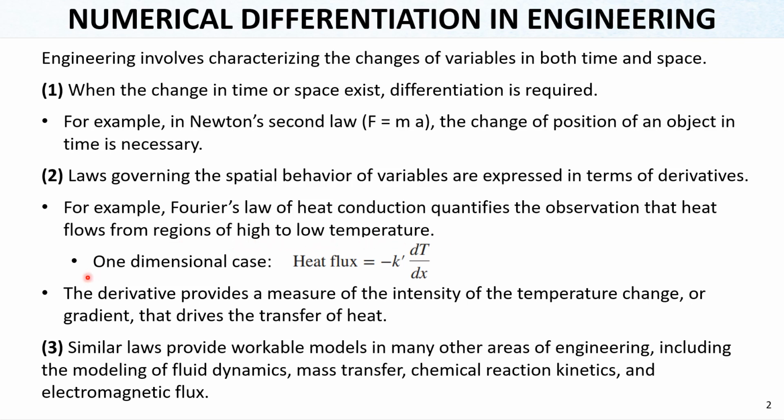So for instance, for the one-dimensional case, we have a function T, the temperature, in terms of x. x is the spatial location, actually the position on the structure, let's say, and we get the heat flux by taking the derivative of the T function with respect to the input, which is the position. And the derivative provides a measure of the intensity of the temperature change, or gradient, that drives the transfer of heat.